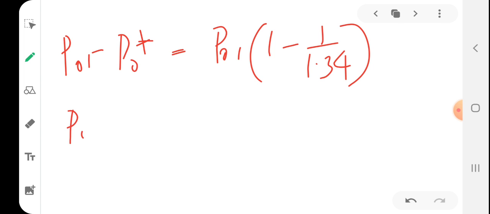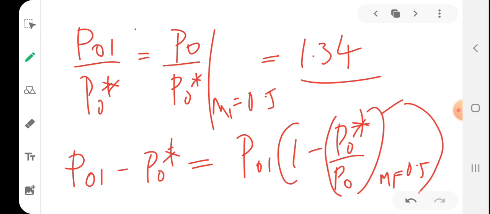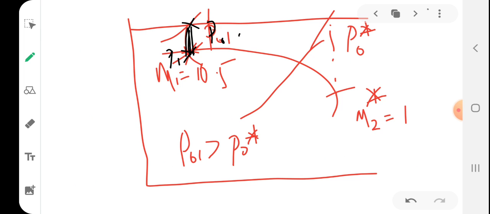So P01 is still unknown. P01 is the stagnation pressure corresponding to P1. If this is P1, then this is P01. If you know the relationship between stagnation pressure and static pressure, you can easily calculate it. Since this particular process is an isentropic process, you should take the isentropic table.